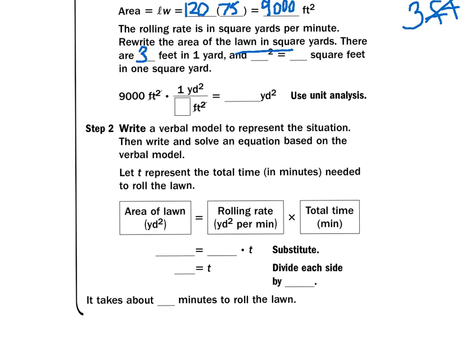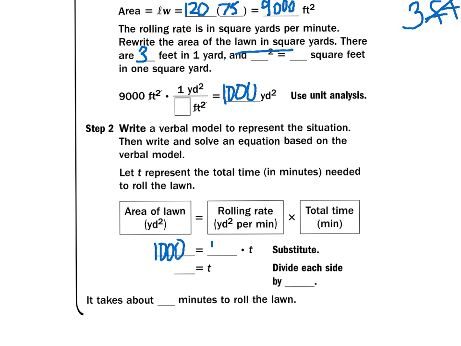And that is our answer for this blank, 1,000 yards squared. Now, is that what we want? No. So we know that now the area of the lawn is 1,000 square yards.